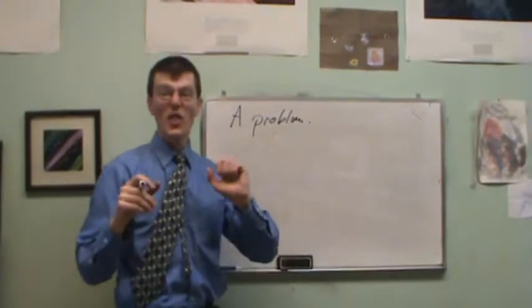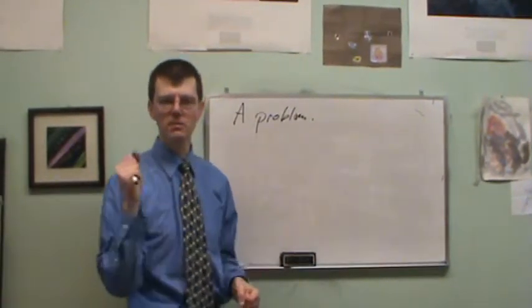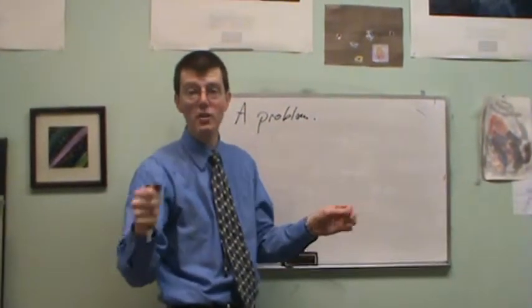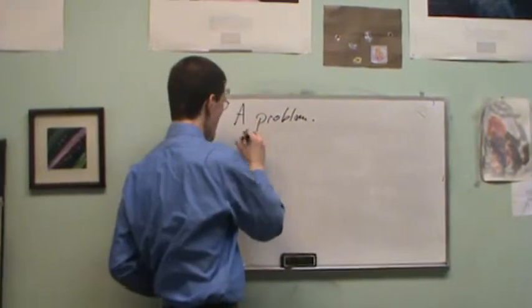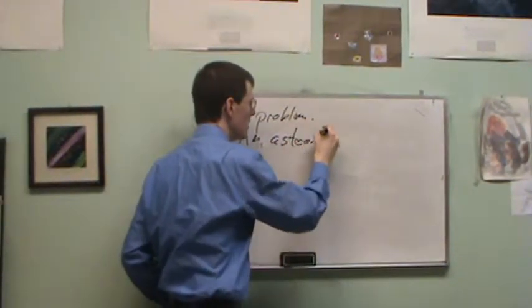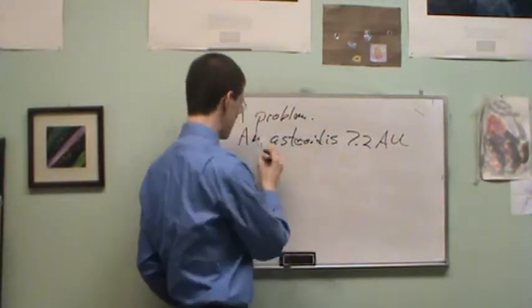Let's say there's an asteroid out there. Suppose it's really far away. Suppose it's a distance of 7.2 AU away from us. An asteroid is 7.2 AU from us.